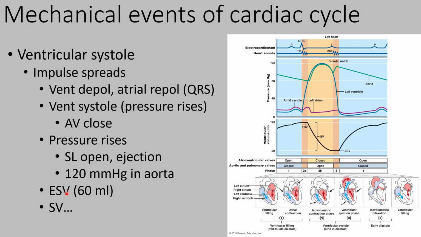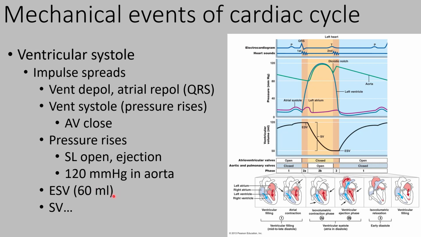Okay, so we saw the end diastolic volume when the ventricle was completely full was about 130 milliliters. We now squeezed the ventricles. They contracted, and the blood that is left in the ventricles at the end of systole, the end systolic volume, is about 60 milliliters.